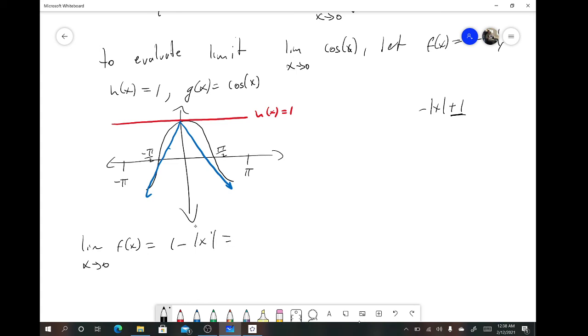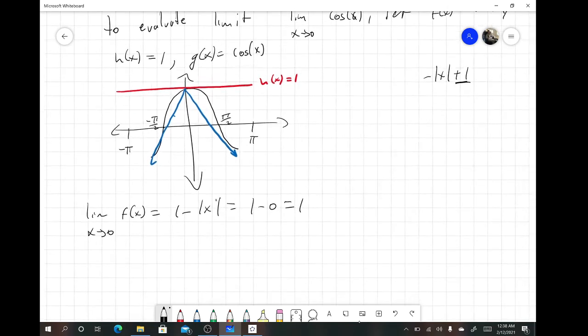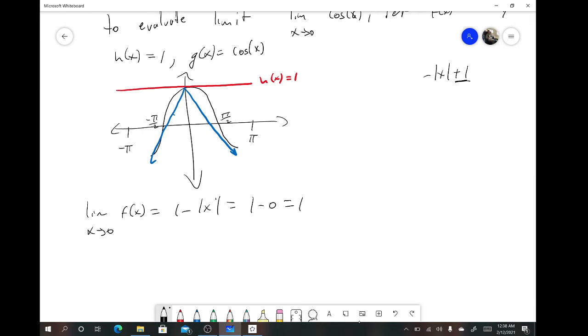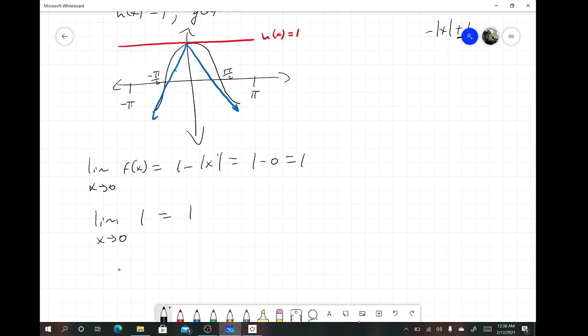Since this is a linear function, the absolute value of x is always positive. We're dealing with positive numbers here, so it's just going to be 1 minus 0, which is just 1. So the limit as x goes to 0 of 1 minus x is just 1, and the limit as x goes to 0 of 1, by the rule that I explained earlier in the lesson, is just 1. These two limits are equal by the squeeze theorem.